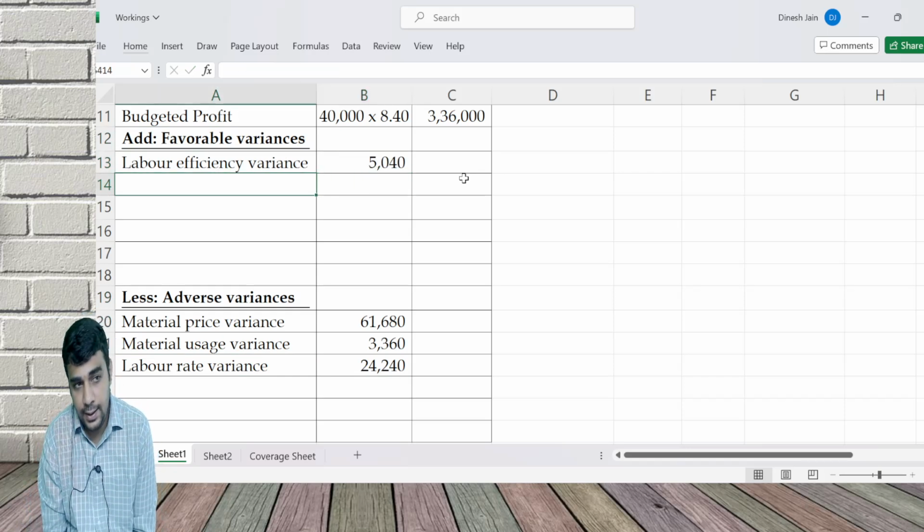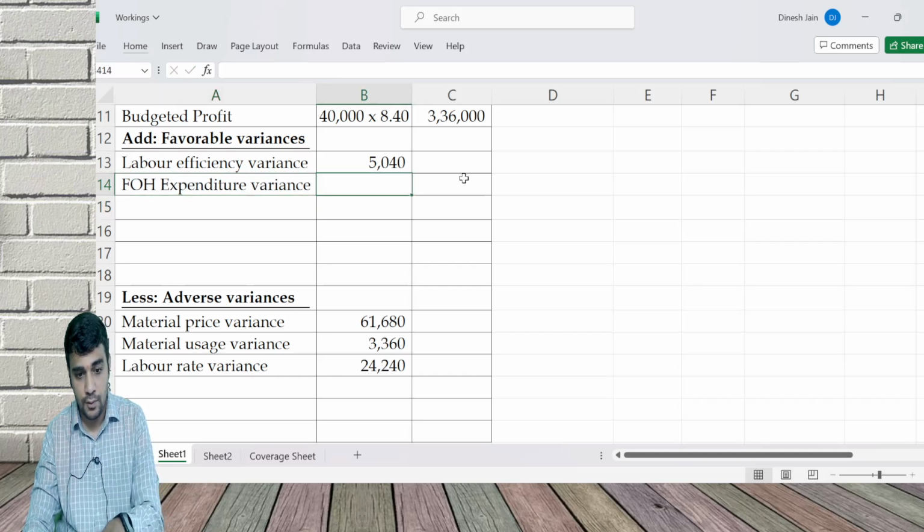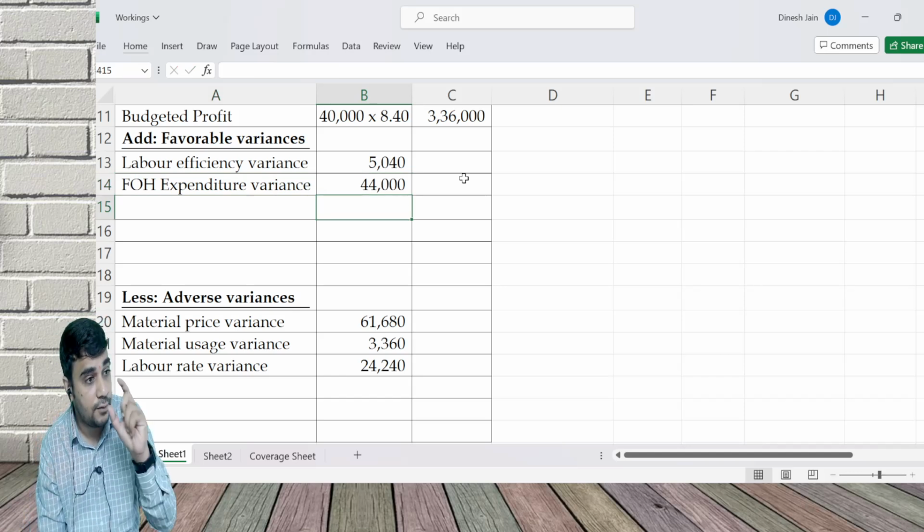See, I can technically leave this as homework itself, but we are just kind of doing revision. FOH expenditure variance, 44,000 favorable.